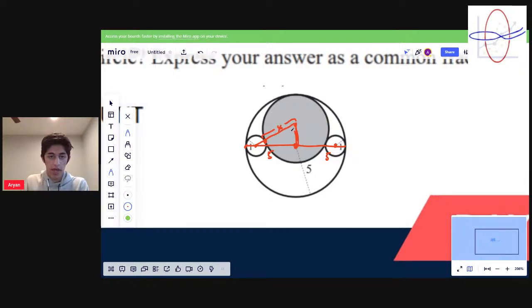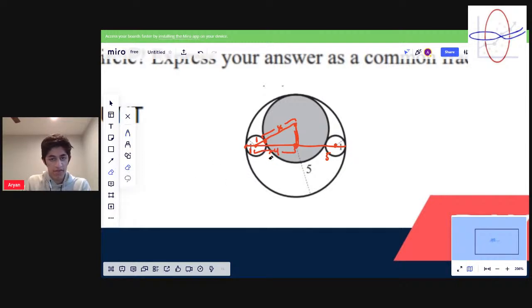We call that x, and we know that this piece right here is 1, because it's a radius of the small circle. And we know that this right here is 1, so that means this region right here has to be a 4.